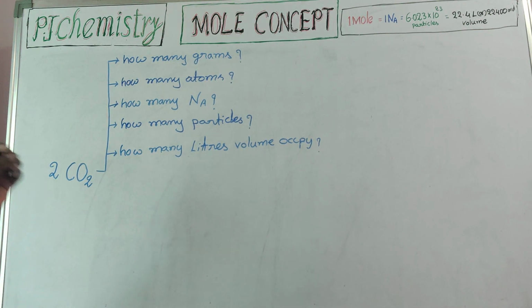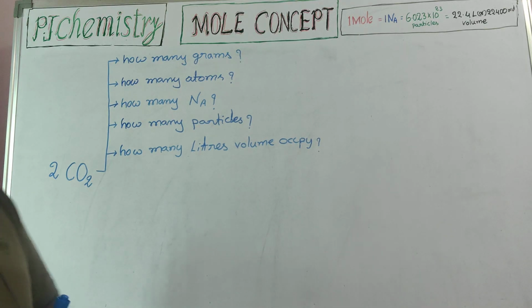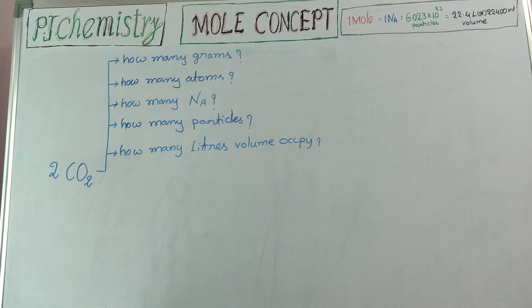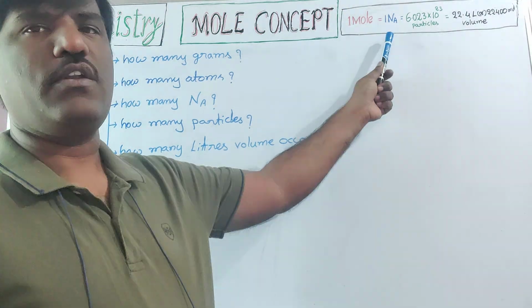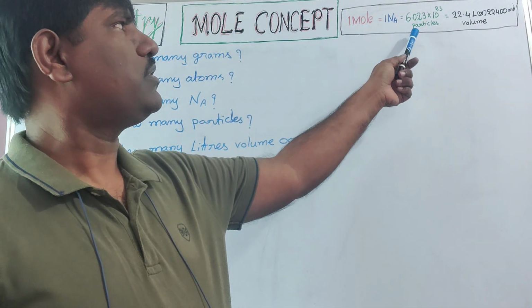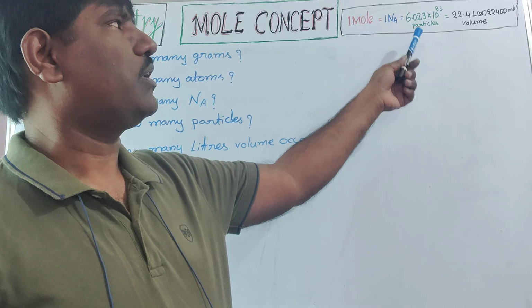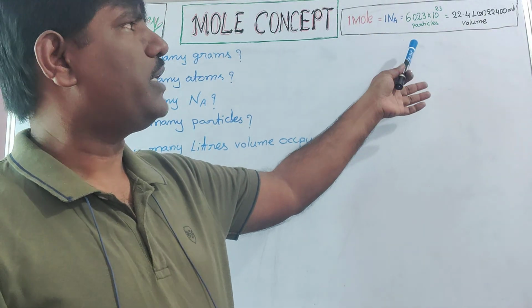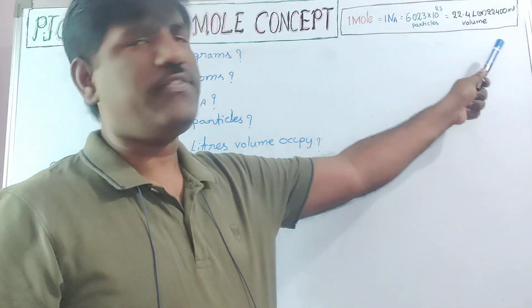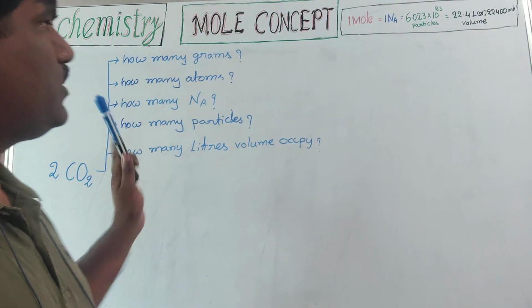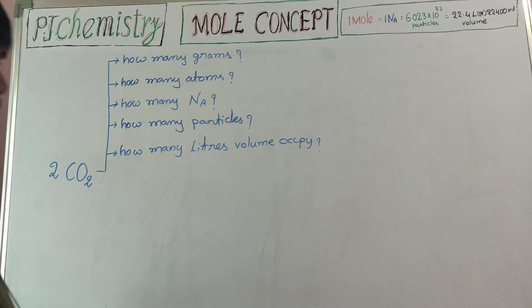Whatever is given, we already know: 1 mole is equal to 1 Avogadro number, and 1 Avogadro number is equal to 6.023 into 10 to the power of 23 particles. 1 mole of any gas occupies 22.4 liters. If you keep these relations in mind, it is easy to overcome these problems.